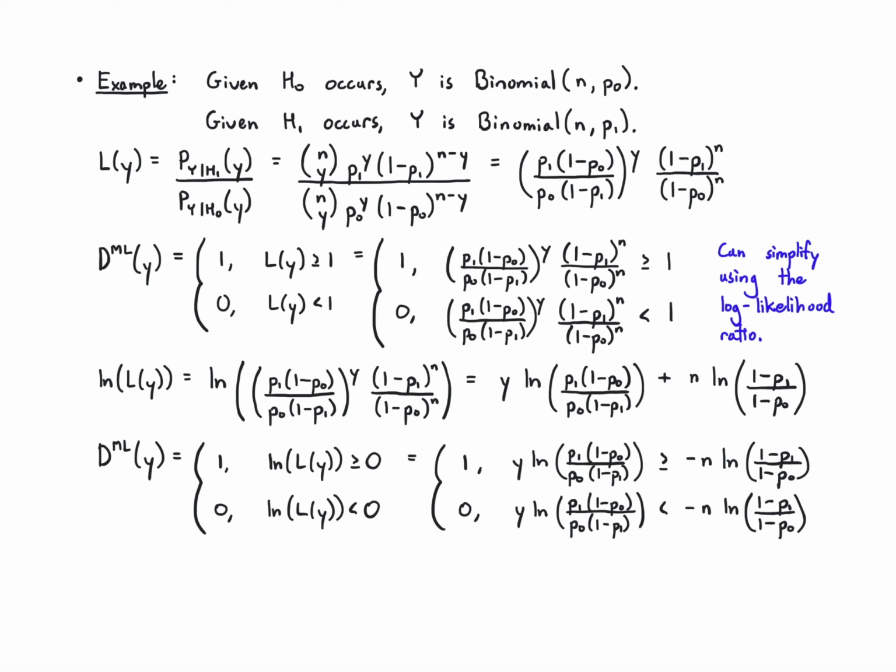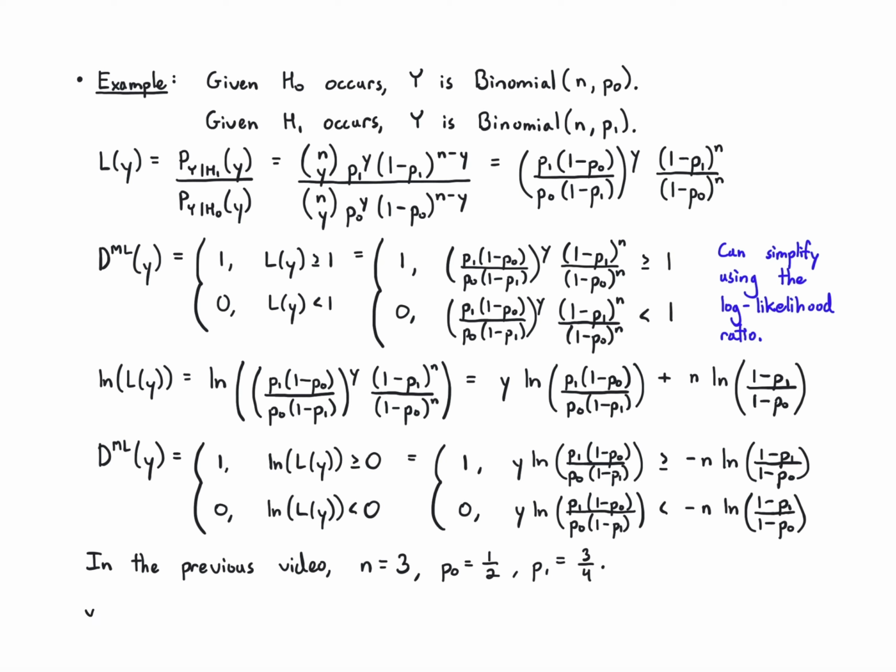And when y is less than a certain value, I'll decide h0, I have fewer successes. Let's see if the numbers from the previous video's example bear that out. If you remember, in the previous video, we worked out an example using a table. In that table, we had binomial with n equals 3, p0 equals 1/2, and p1 equals 3/4.